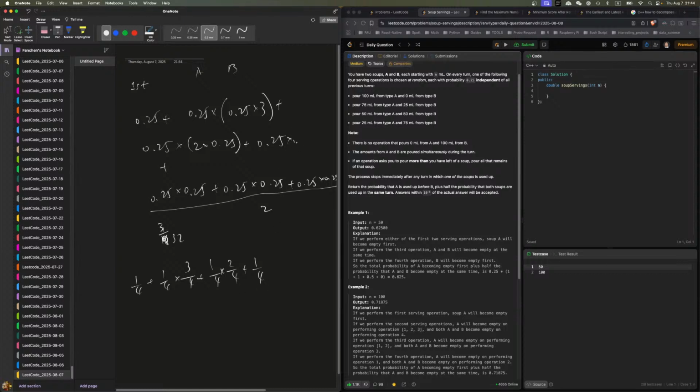No, I think this is times 0.25 because you have operation 2, so times this. So yeah, so this is this plus 16.3, 16.2, and 16.1. 7 plus 11 plus this.